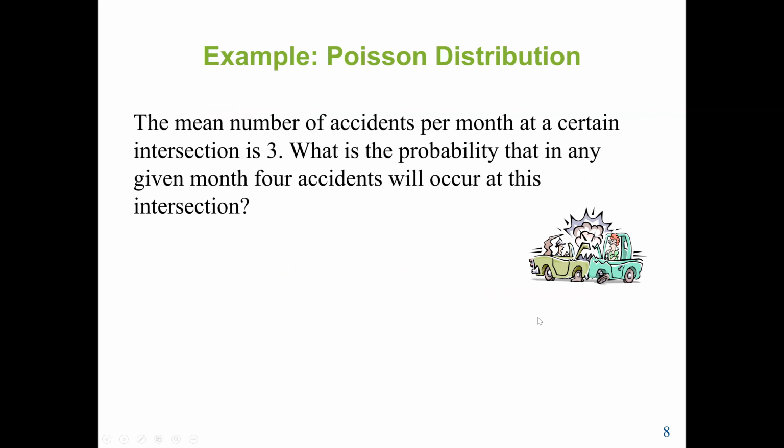So let's see an example. Here they give us that the mean number of accidents per month at a certain intersection is 3. So this means the mu is given to us, which is the mean. Now, what is the probability that in any given month, so our interval is monthly, 4 accidents will occur at this intersection?